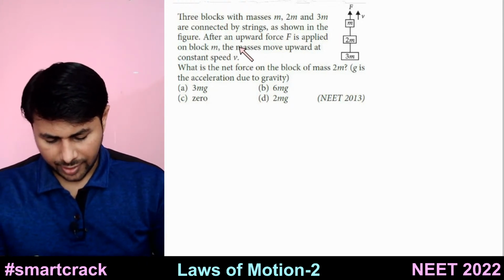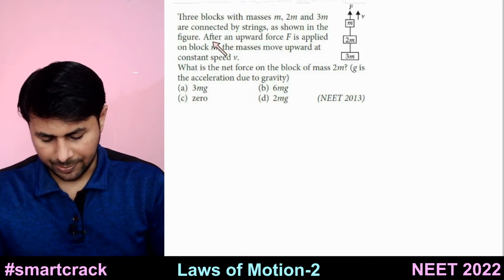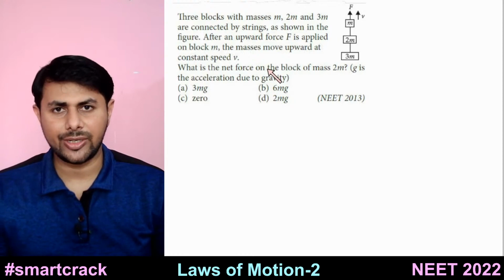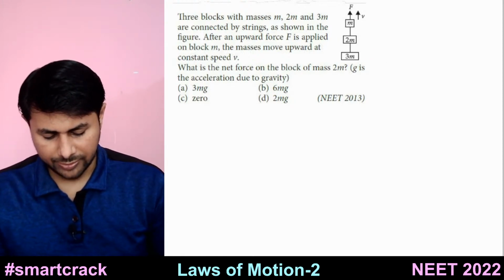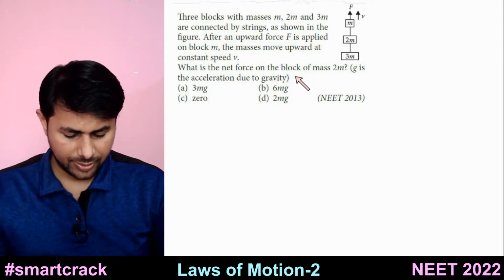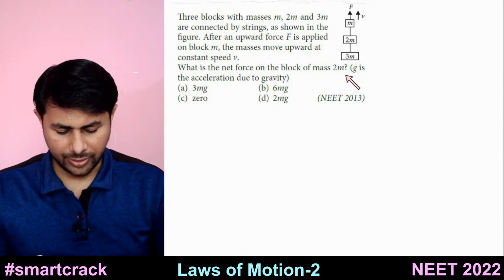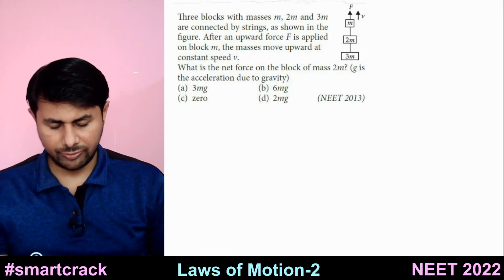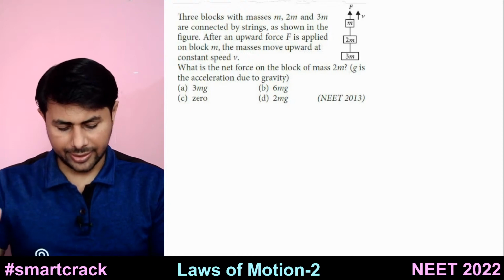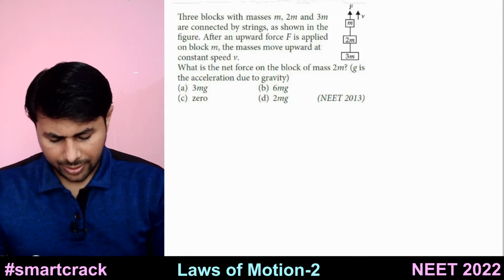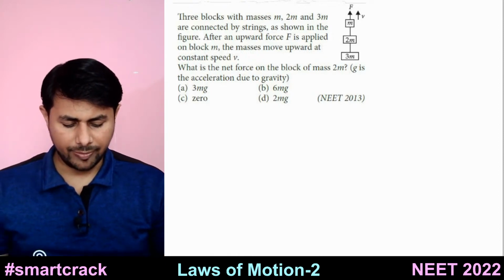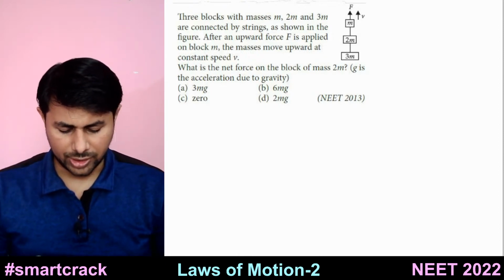After an upward force F is applied on block M, the masses move upwards with constant speed v. What is the net force on the block of mass 2m? So this is the question.